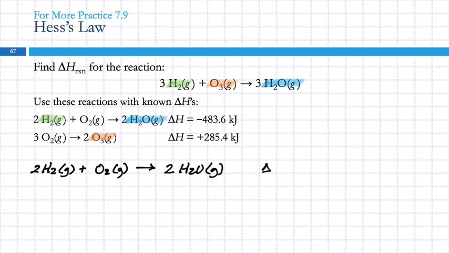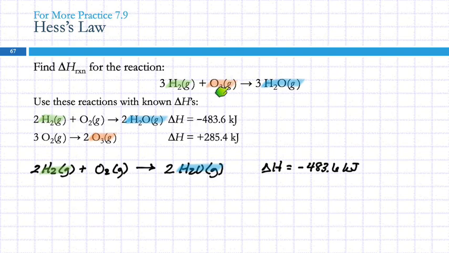And I didn't change anything in the equation, so I don't change anything in delta H. So there's hydrogen, and here's the water. The coefficients are not right, but let's worry about that later.